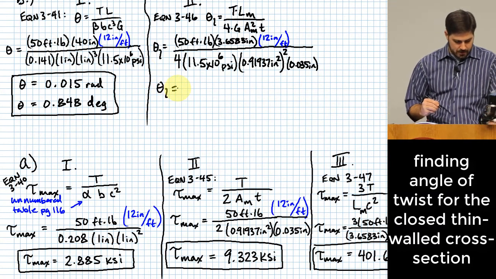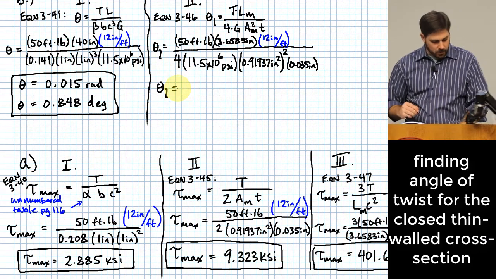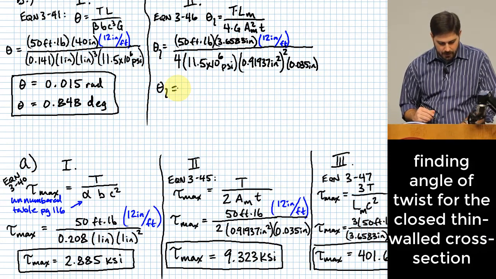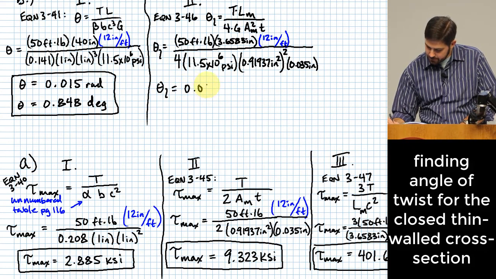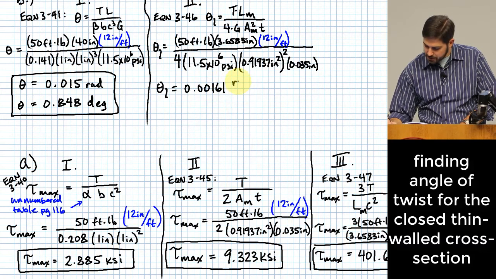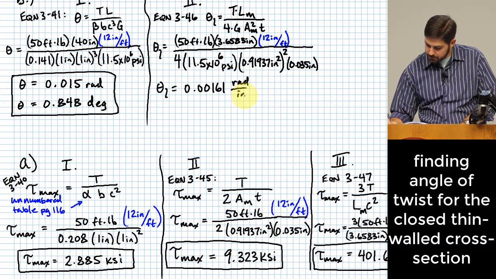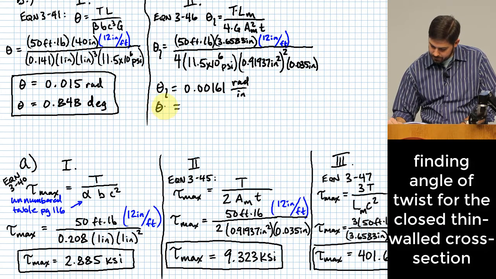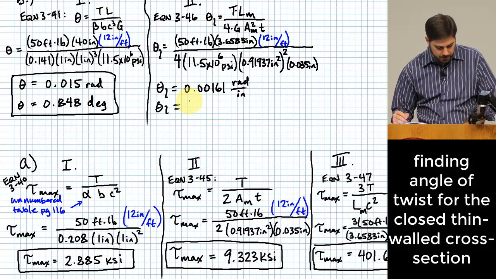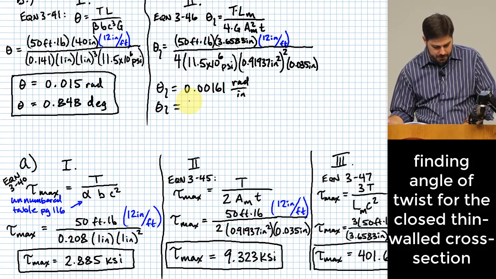Okay, so it winds up being 0.00161 radians per inch. Or, oops, in degrees per inch, this is 0.092.